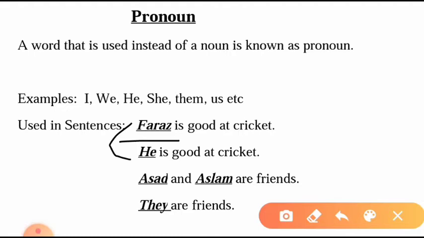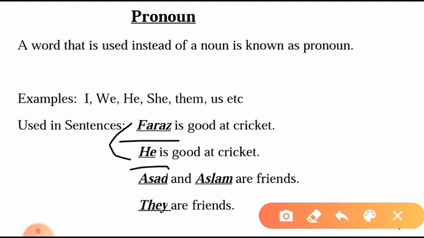Suppose Faraz is in front of you and you don't want to mention his name, so you could use the pronoun which is he instead of the noun. So why do we use pronoun? We use pronoun when we don't know the name of the person, or when we don't want to show the name of that person. In that case we use pronoun.